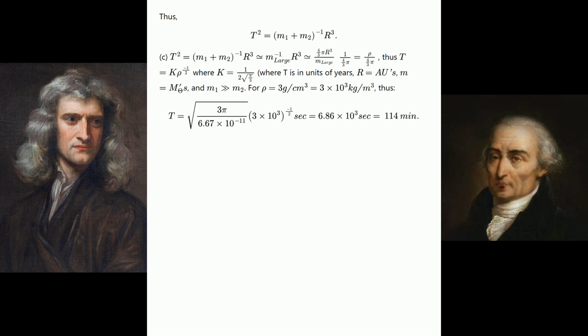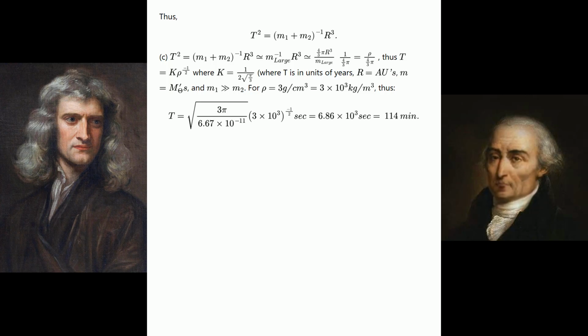C. T squared equals (m₁ plus m₂) to the minus 1 power times r cubed, asymptotically equals m_large to the minus 1 power r cubed, asymptotically equals the fraction with numerator 4/3 π r cubed and denominator m_large times 1 over 4/3 π equals rho over 4/3 π.